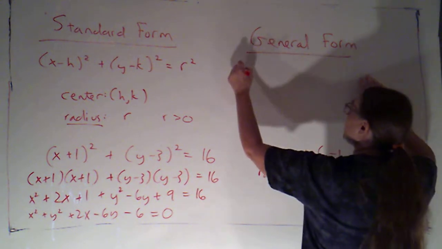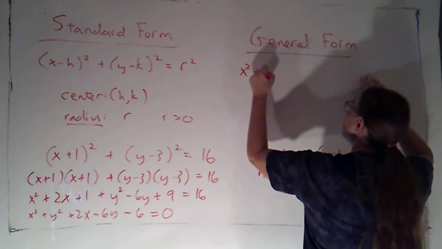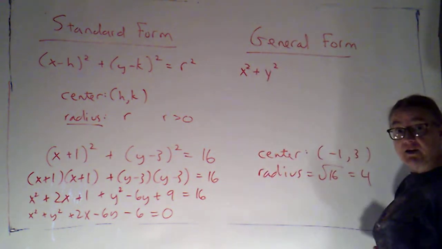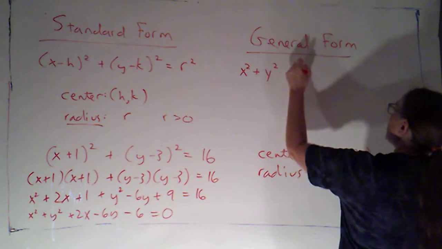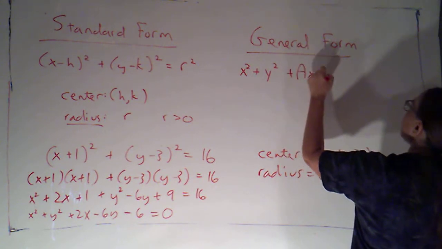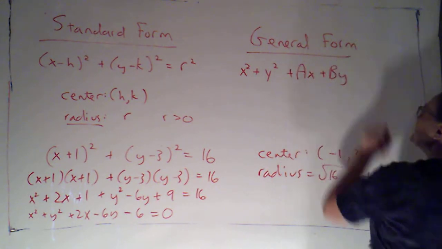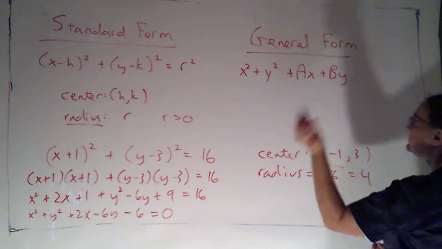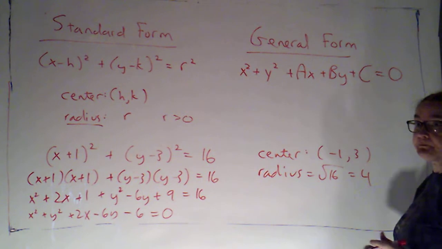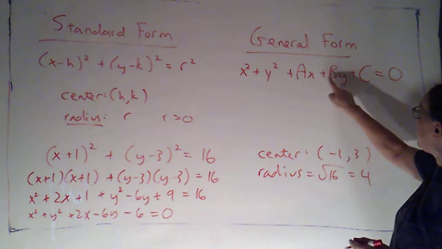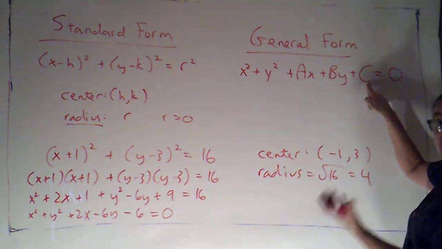So general form, we've got one copy of x² plus one copy of y². Then we're going to have some x's and some y's, so we call that plus a copies of x plus b copies of y. And then plus a number, plus c, is equal to 0. Of course these numbers a, b, and c are signed numbers.